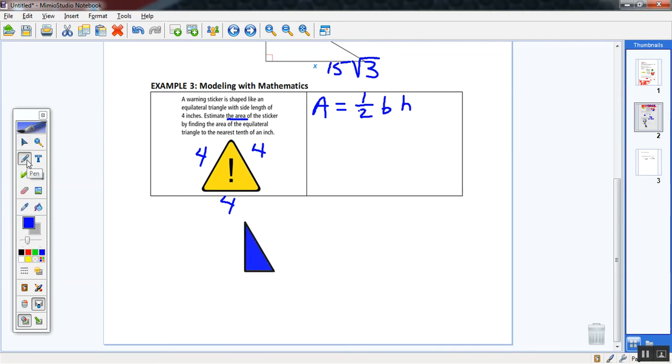If I cut this in half, what's this length down here? 2. What's this length? 4. Guys, what kind of triangle did I just cut in half? An equilateral, which means this angle to my point, my angle is how many degrees down here? This is, oh my gosh, 90, which makes this have to be what? 30. Holy cow.